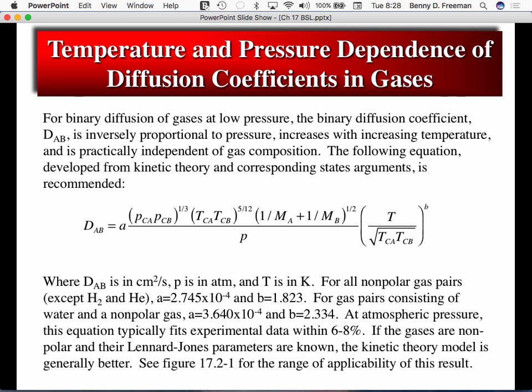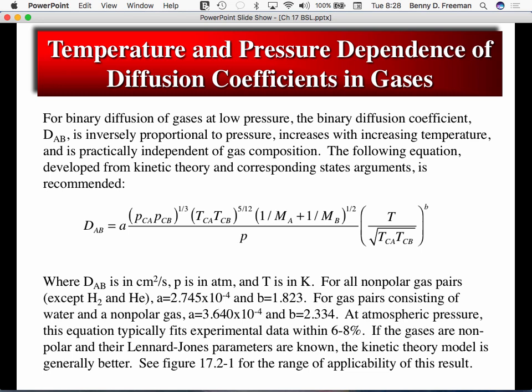It also depends upon the critical pressure and critical temperature, as well as the molecular weight of the components. And this brings in dependencies on the strength of the interactions between the molecules, as well as their size.